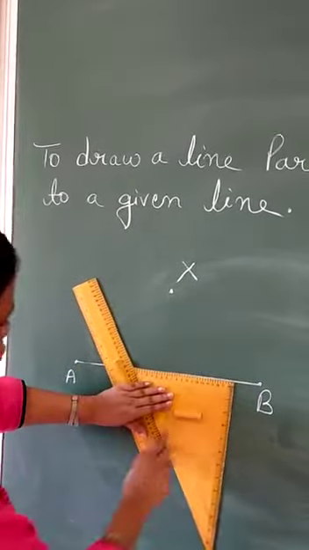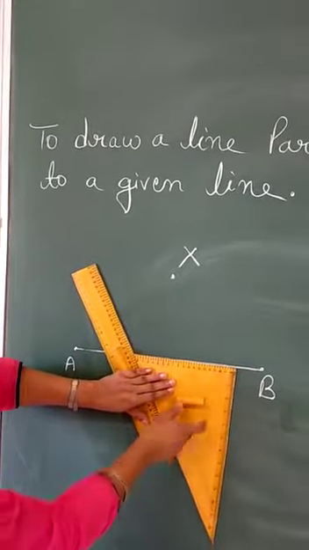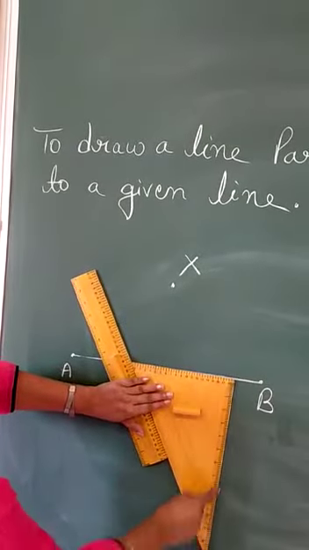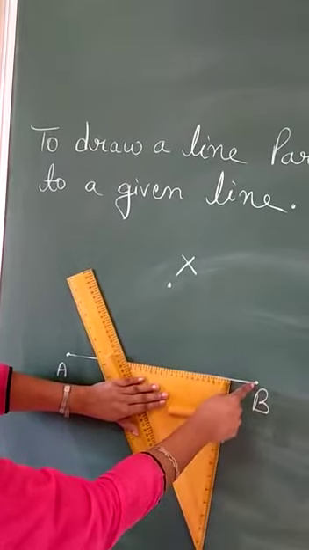You have to place the ruler like this and place the set square so that the perpendicular edge of the set square touches the line AB.